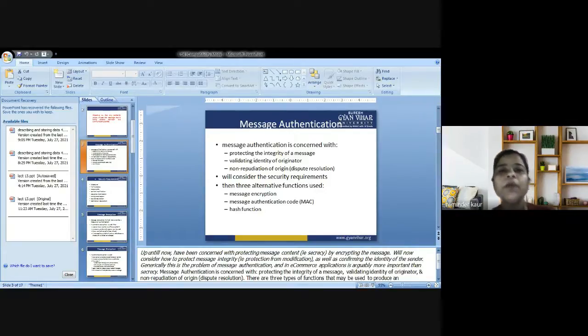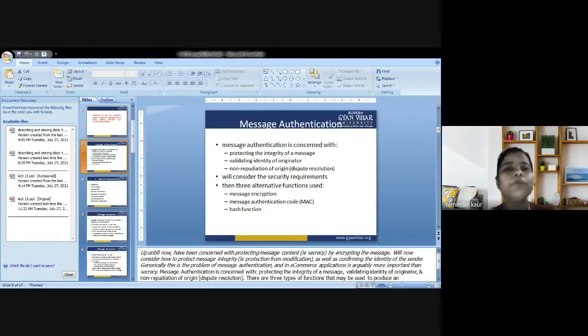Similar to hash, the MAC function also compresses an arbitrarily long input into a fixed length output. The major difference between hash and MAC is that MAC uses the secret key during the compression, but hash does not use the secret key during the compression.